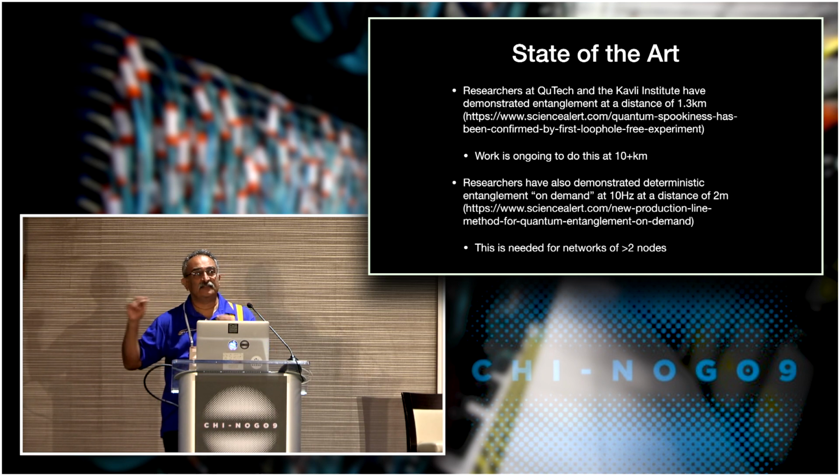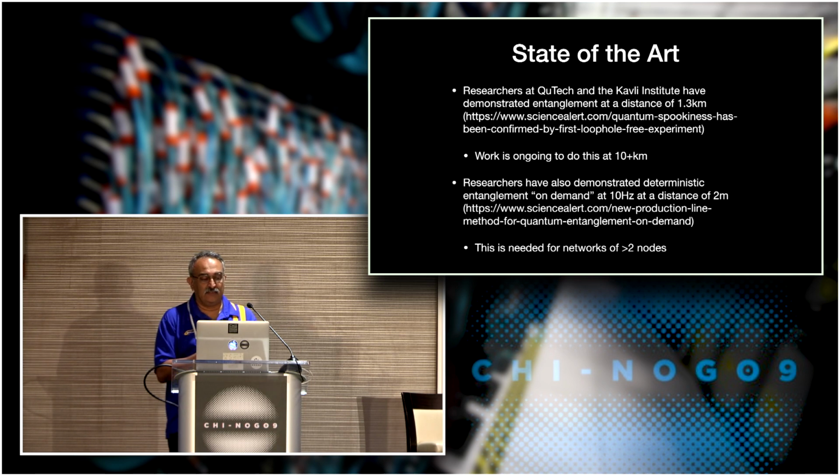The thing is that this entanglement is a very probabilistic process. So in order to actually create multi-hop entanglement, you have to know that you can create this entanglement relatively on time.